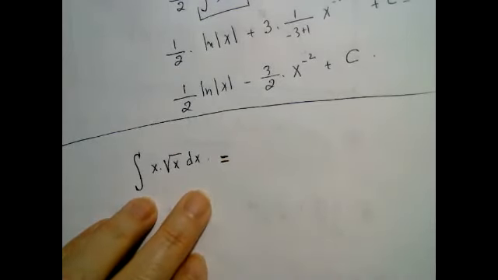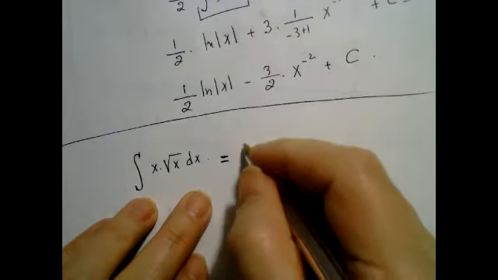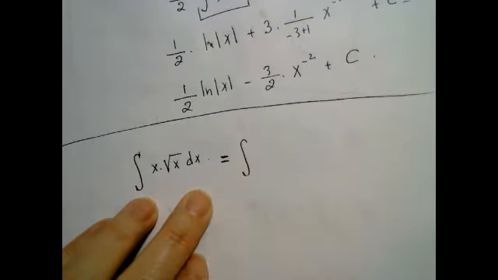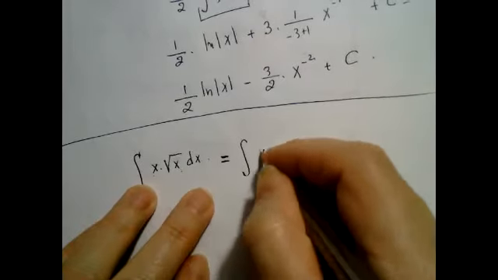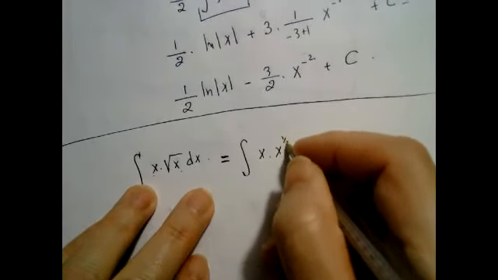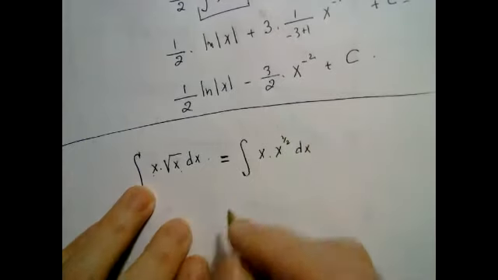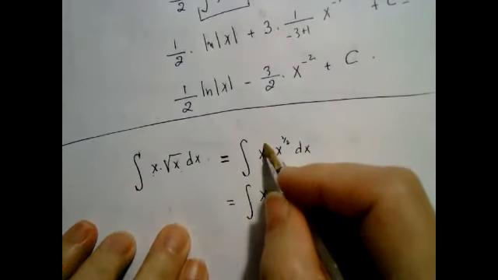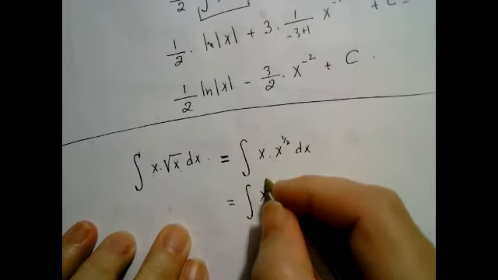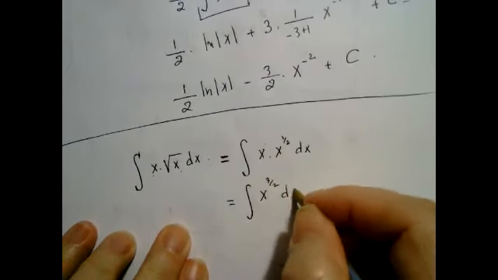We can combine exponents. Actually, that's the only way out. x times square root of x is x times x to the power a half dx. Combining exponents, 1 plus a half is 3/2, dx.